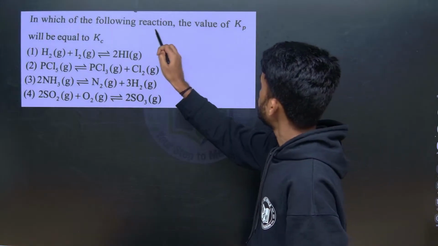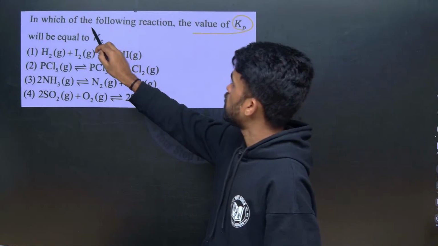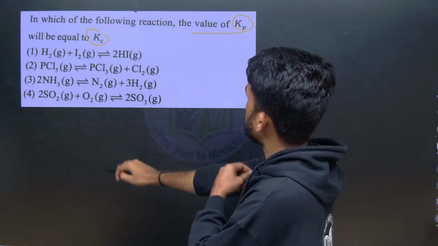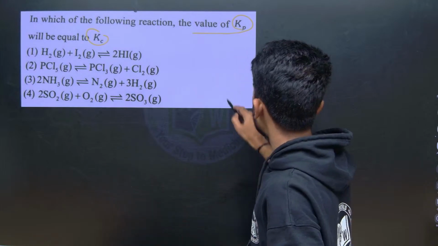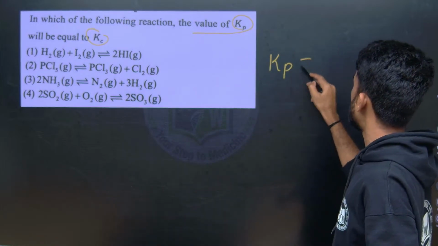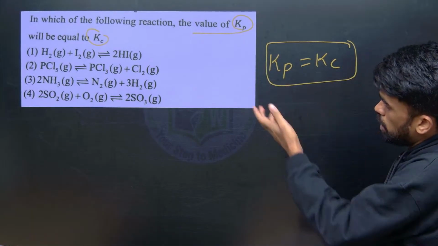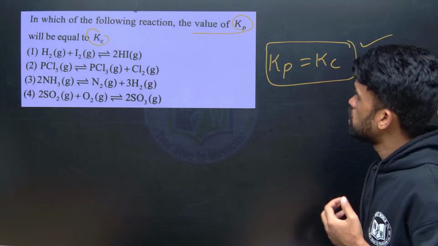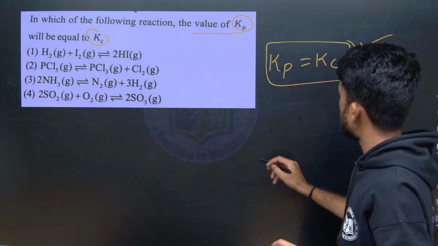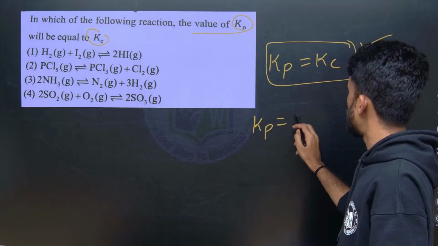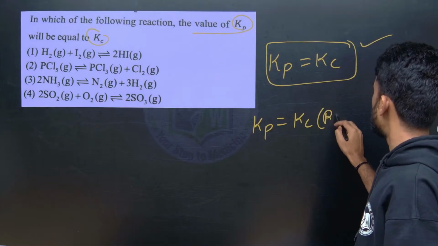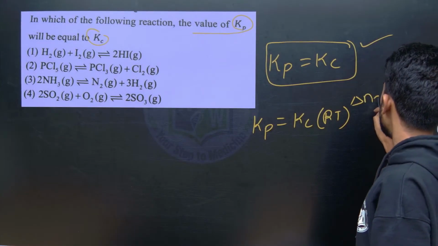Next, in which of the following will the value of Kp be equal to Kc? They are saying Kp and Kc are equal. So in which of these four options is this condition obeyed? We know we have the relation Kp equals Kc (RT) power delta Ng, right?